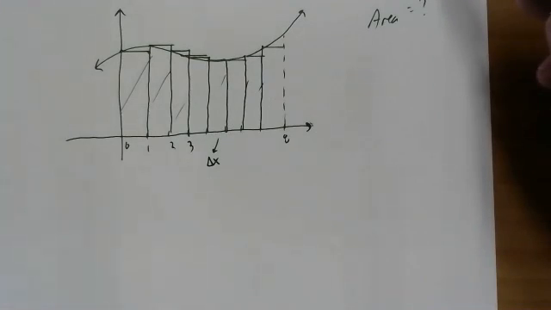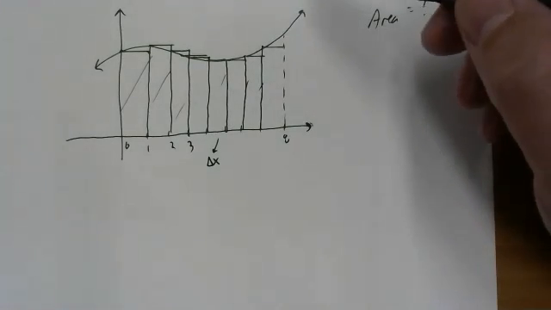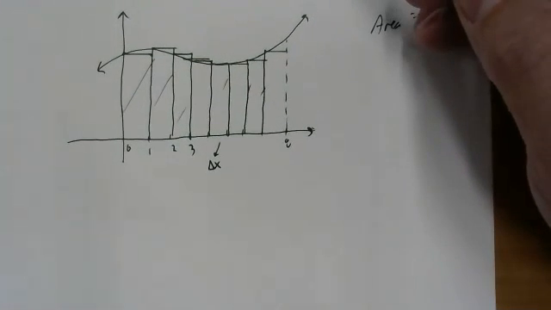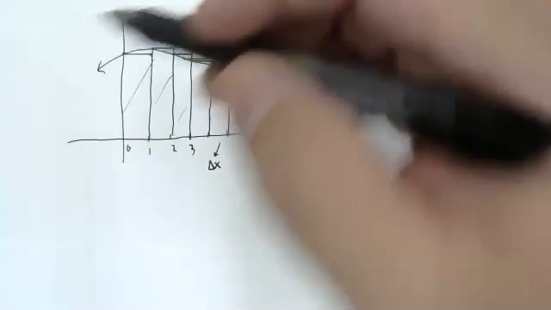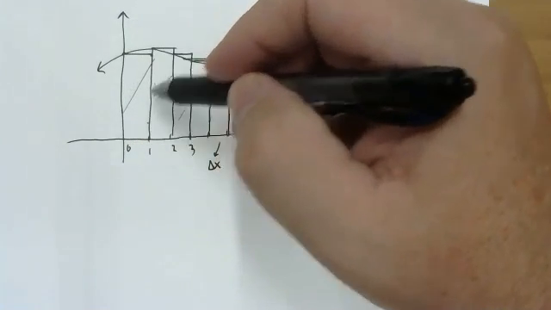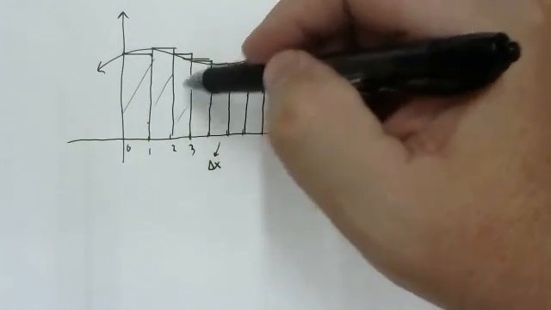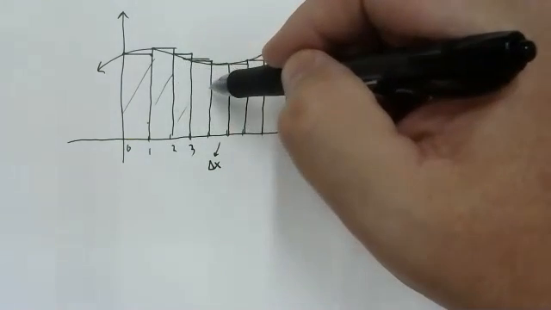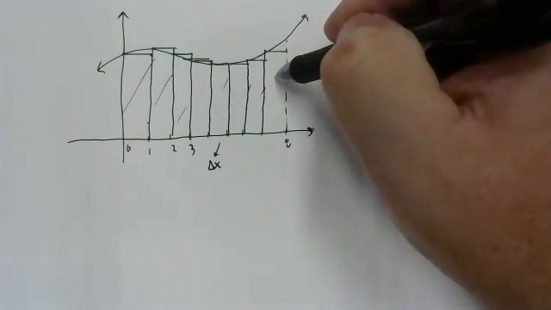And now I know from geometry how to calculate the area of rectangles, right? Length times the width. So I can calculate the area of this first rectangle, and then the second rectangle, and then the third and the fourth. I can add up the area of all of these rectangles.